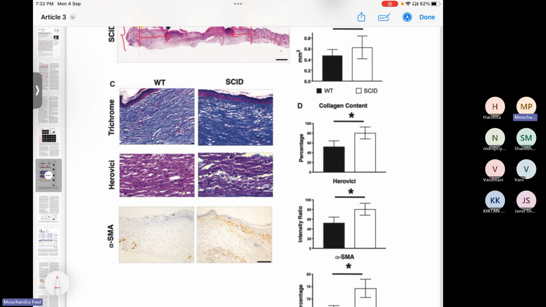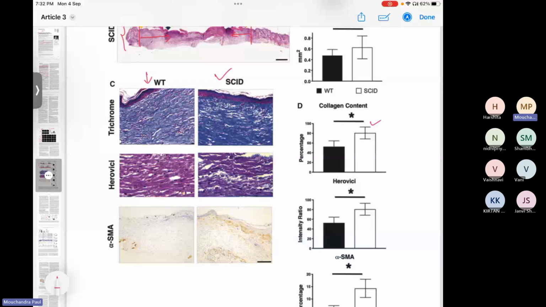So they use special stains that can only stain collagen. So trichrome is used as a stain to understand the level of collagen deposition. So in skid mice, it is the highest, whereas in wild type mice it is less.